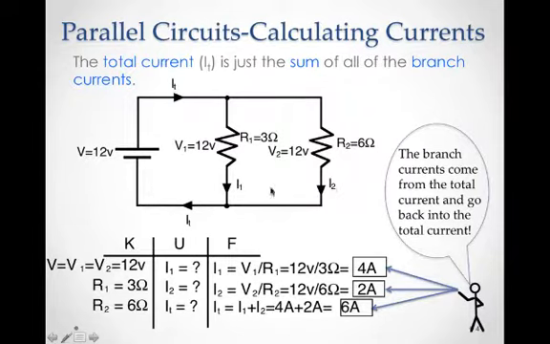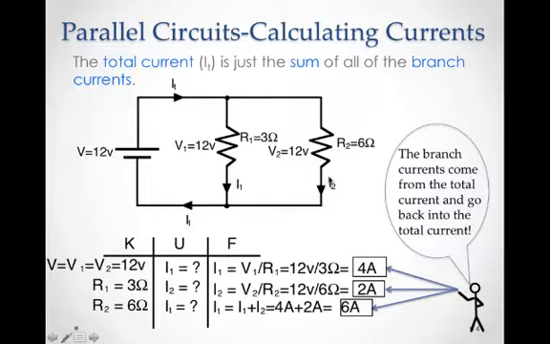And if we want to find these two currents, we can do that using Ohm's law, because the voltage, the 12 volts, is going to appear across both of these resistors. So we know the voltage drop across resistor 1 is 12 volts, and we know that it has a resistance of 3 ohms. So the current in I1, the current here in resistor 1, is, by Ohm's law, I equals V over R. So the voltage across resistor 1 divided by the resistance of resistor 1, 12 volts divided by 3 ohms, is 4 amperes.